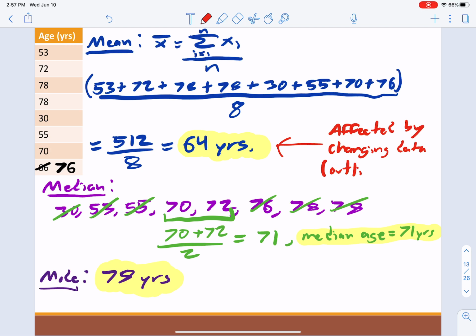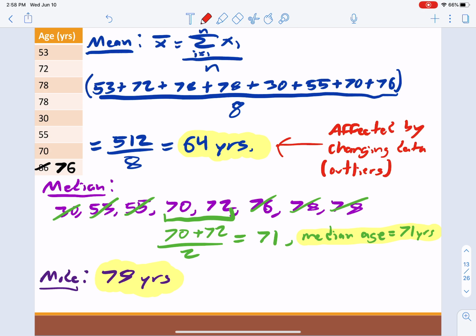Because I know we haven't talked about outliers specifically, but we will in just a second. But that's the idea: if you were to change the data set or add in a new value, the mean is going to change, okay? Especially if it's on the outside, so more toward the minimum and more toward the maximum, okay?